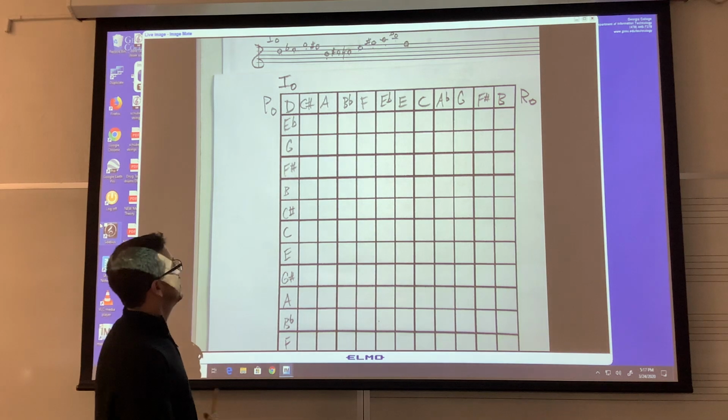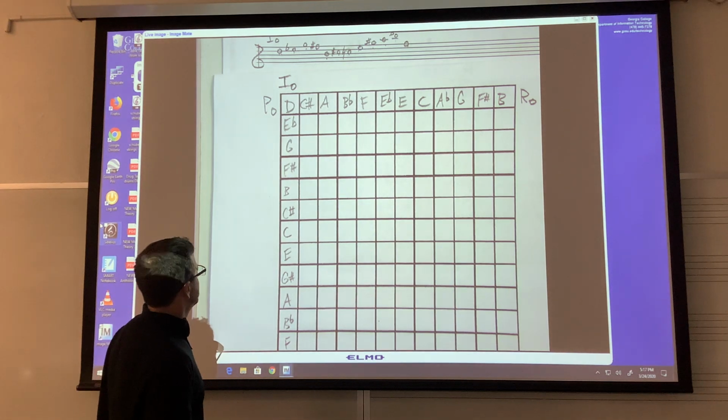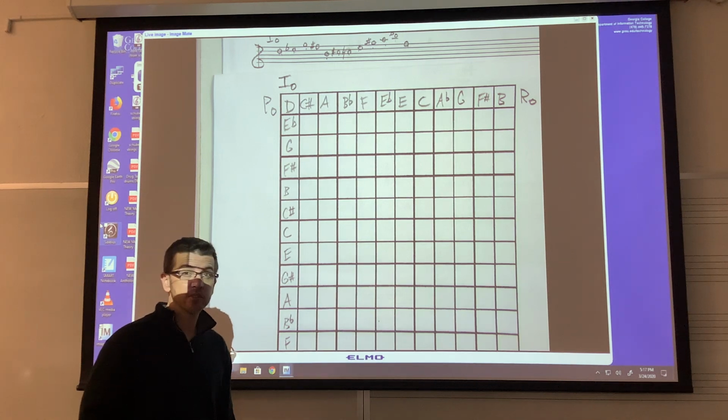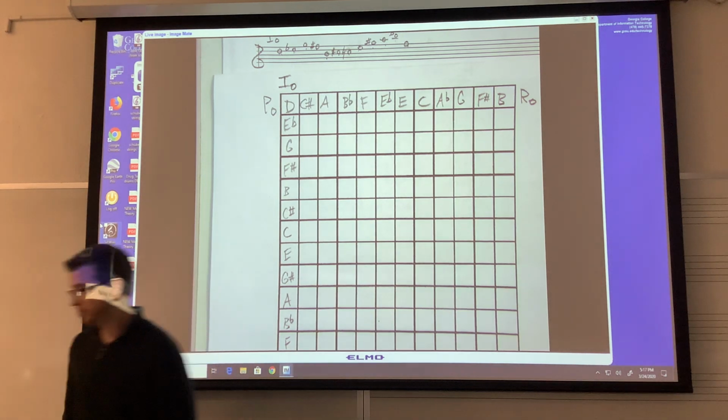Sorry about that. Okay, so now we have I0, and which also means we have the retrograde of I0.